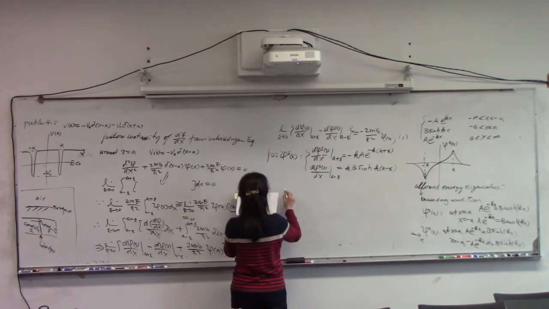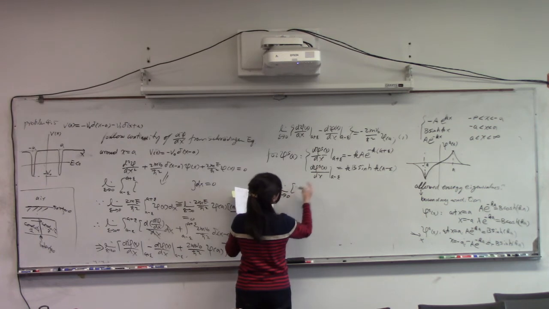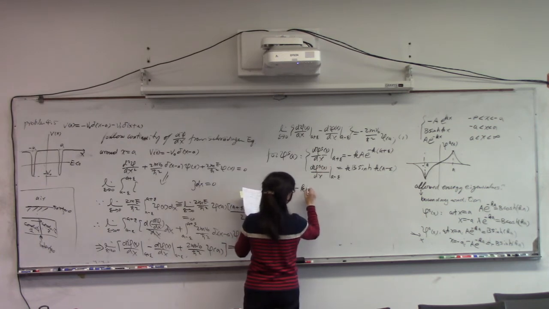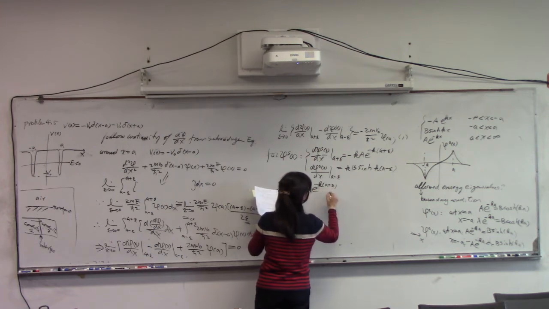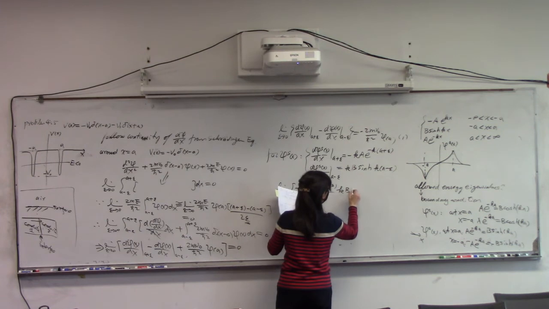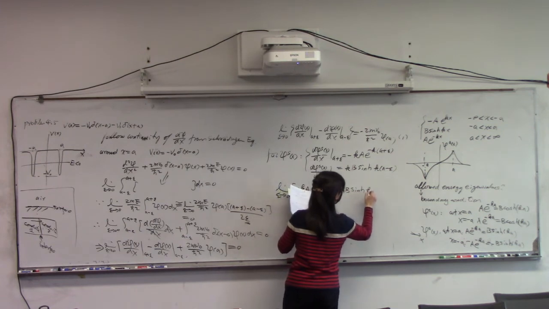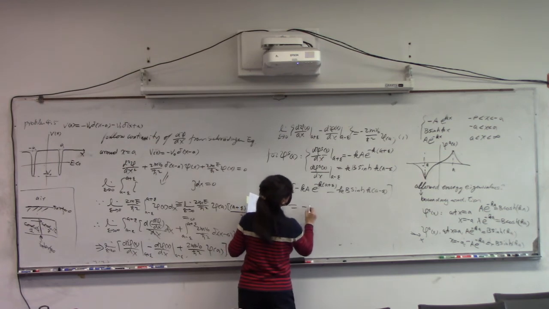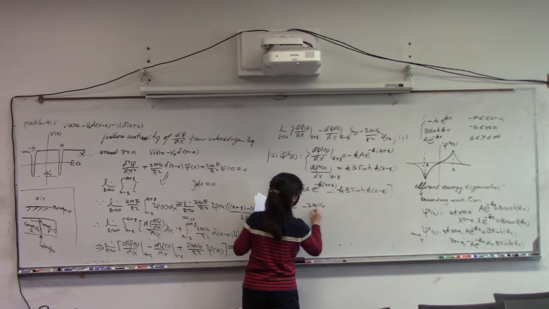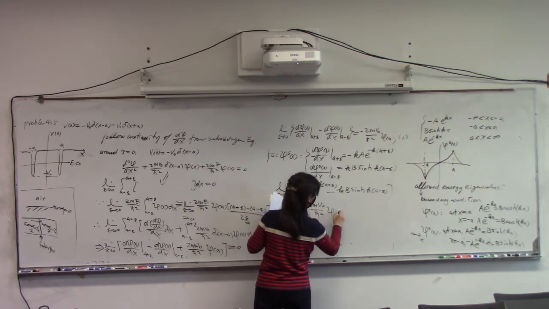So we'll have, when epsilon go to 0, then we have two terms. The first one is minus ka exponential k a plus epsilon minus k b hyperbolic sine k a minus epsilon equal to minus 2mv naught over h bar square sine a.